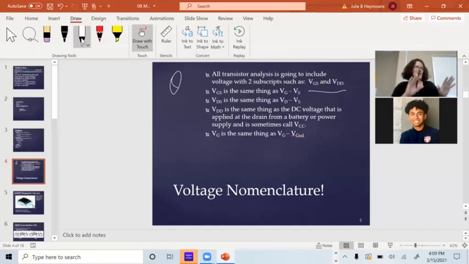Just be consistent in your design and you'll be okay. If I just get one subscript, like VG, that means the voltage at the gate with respect to ground. So the negative end of your DC multimeter would go to ground. Get that squared away, because we'll be using that a lot.